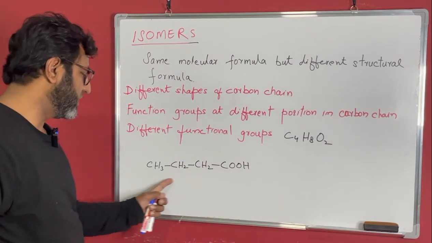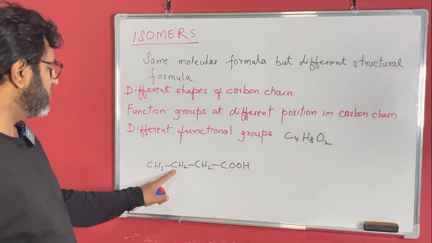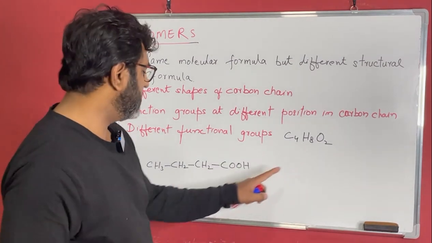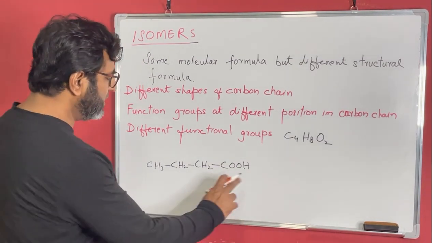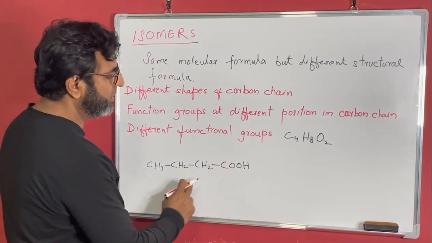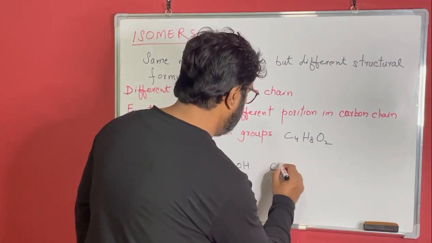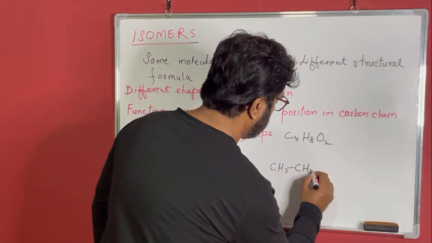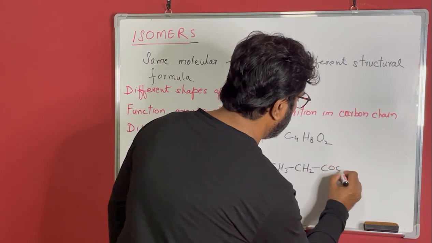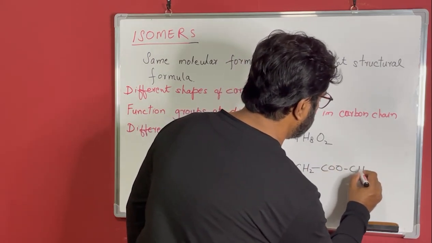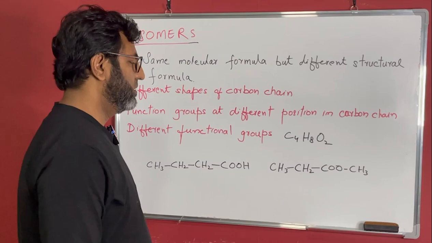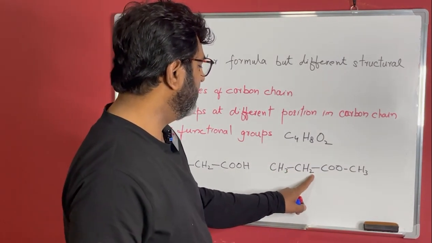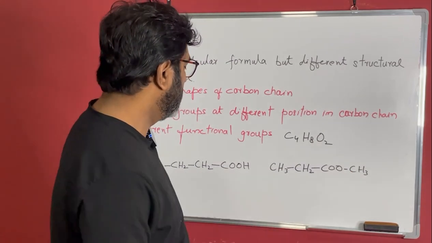So this is a carboxylic acid. You can see 1, 2, 3, 4 carbons, 3 to 5 to 7 and 1, 8 hydrogens and 2 oxygens. I can write the same formula in a different structure also: CH3, CH2, COOCH3. So you can see 1, 2, 3, 4 carbons, 3 to 5 and 3, 8 hydrogens and 2 oxygens.